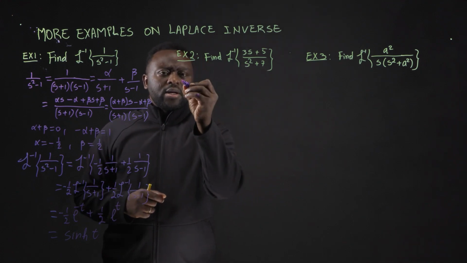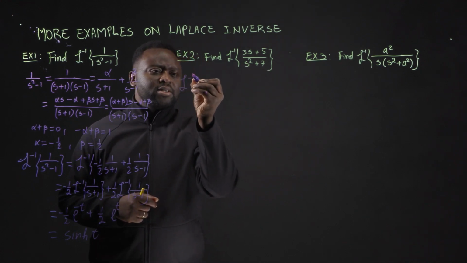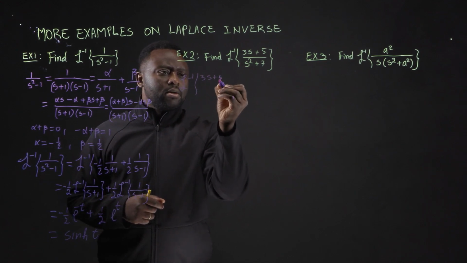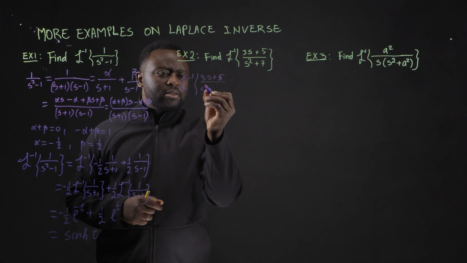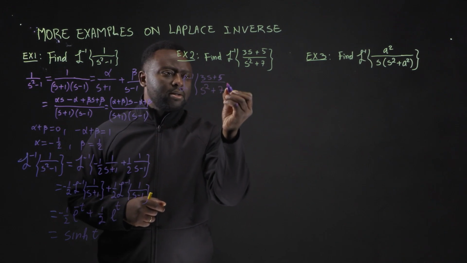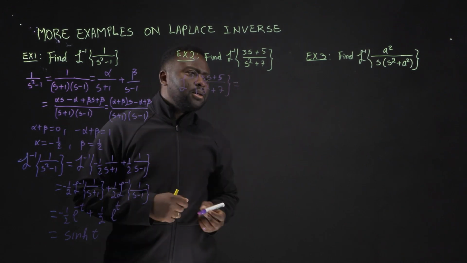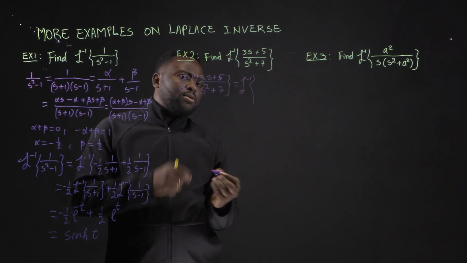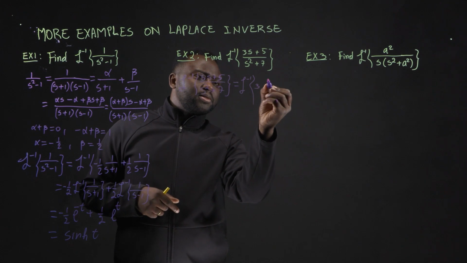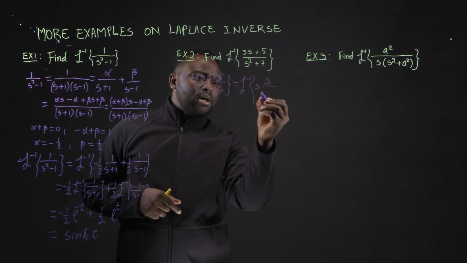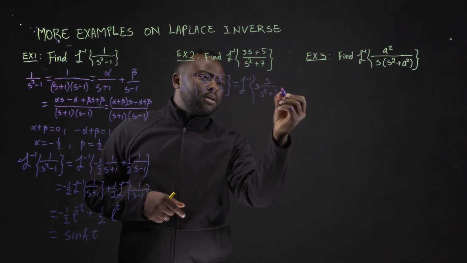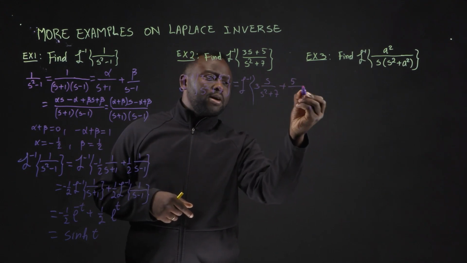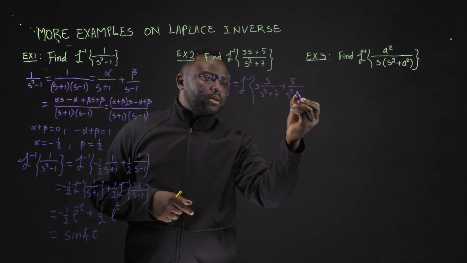So this can be written as the Laplace inverse of 3s plus 5 over s squared plus 7, which is the Laplace inverse of 3 times s over s squared plus 7, plus 5 over s squared plus 7.